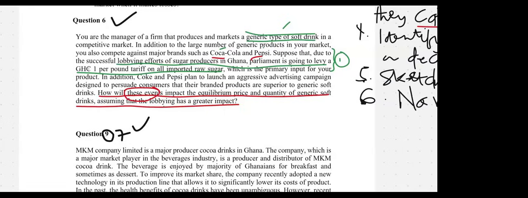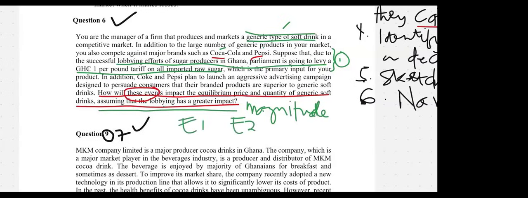Assuming that the lobbying has a greater impact. So I'm looking at the magnitude of the impact. The two events, event 1 and event 2, which one has a greater impact? The question says the lobbying, which is event 1, has a greater impact.